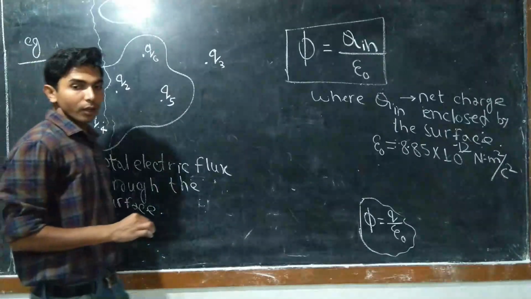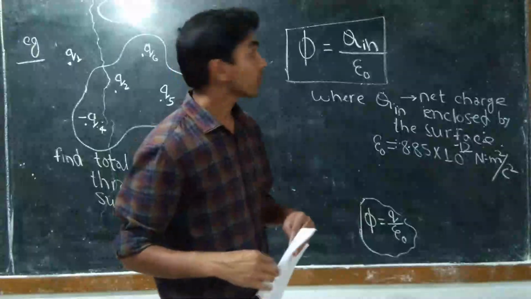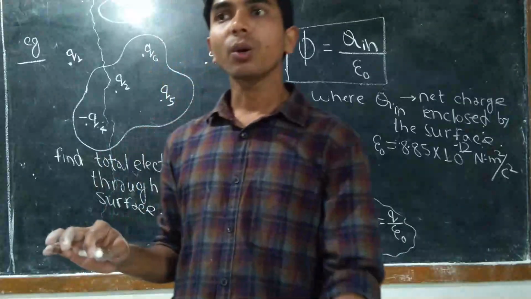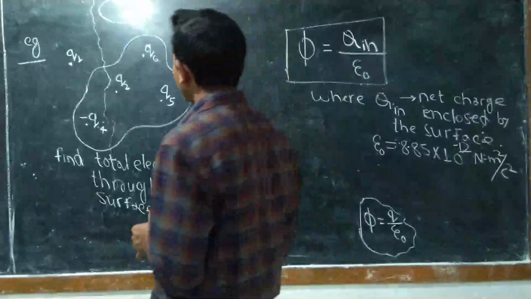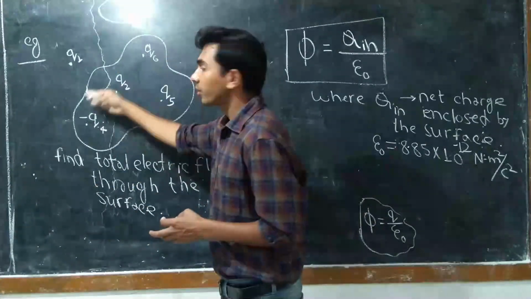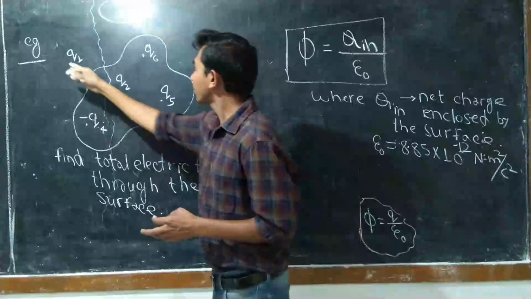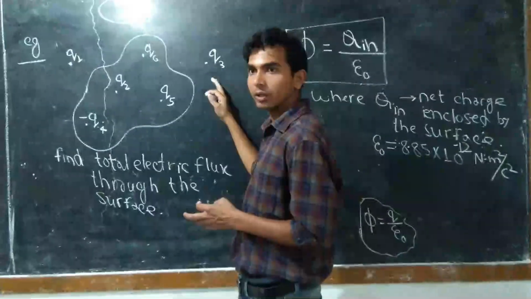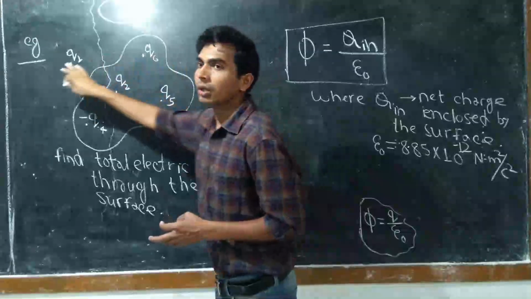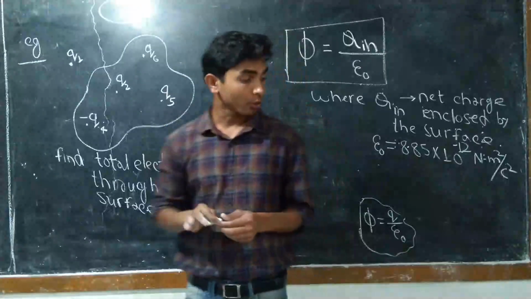You know the formula, total flux is equal to Q in by epsilon 0, where Q in is the net charge enclosed by the surface. These are the charges enclosed by the surface. These two charges are outside the surface, so there will be no electric flux due to them.